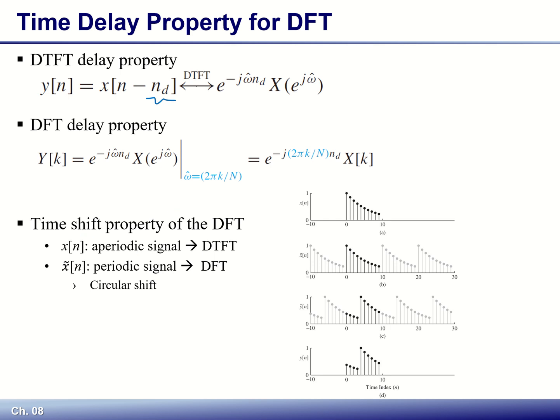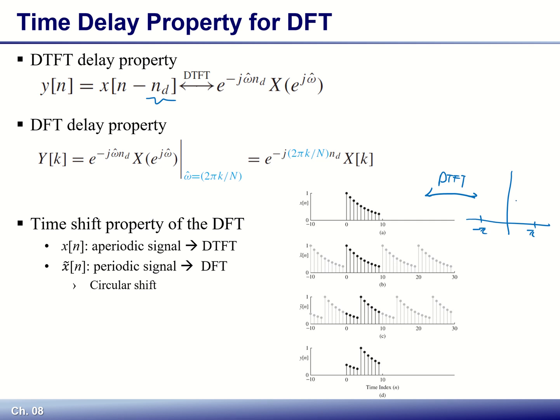Okay, what will be the time shift of the DFT? If we have x[n] and take the Fourier transform, the DTFT, it will be continuous and periodic from minus pi to pi.